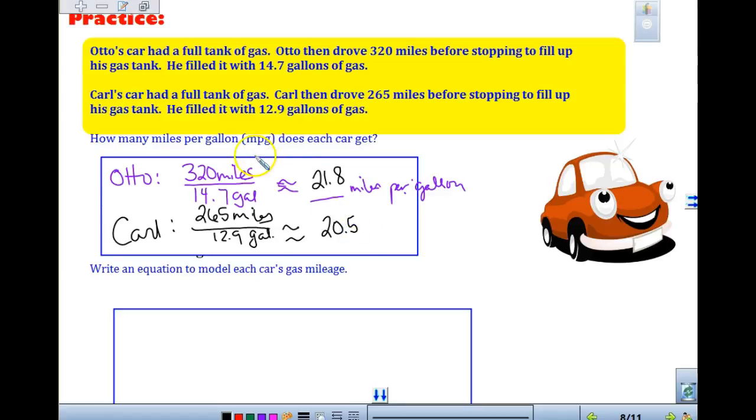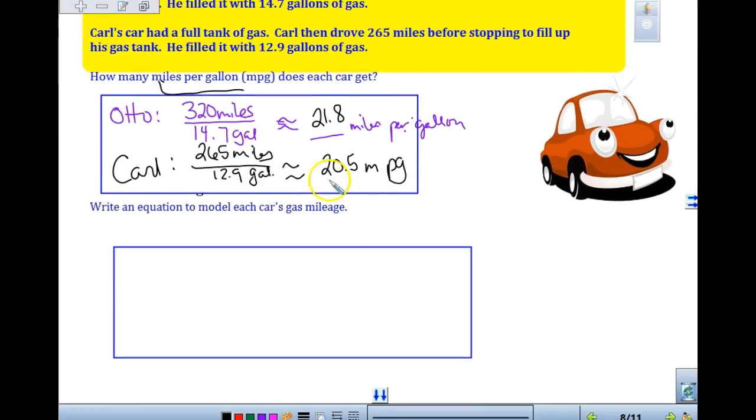And a lot of times, instead of writing out the words miles per gallon, you could put MPG. It means miles per gallon, right? And so now it says write an equation for each person. We know the unit rate. Write your equation. Try it and check with your shoulder partner. Remember, equations are y equals unit rate times x.